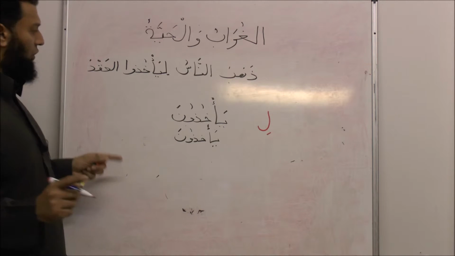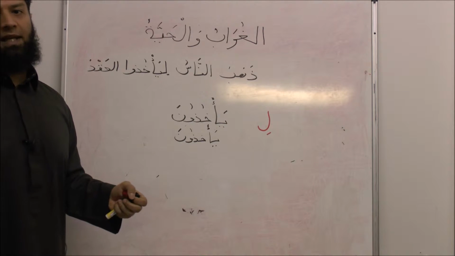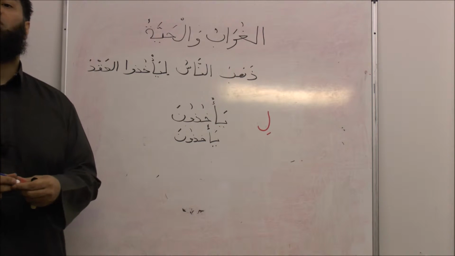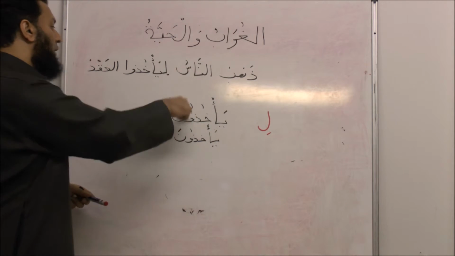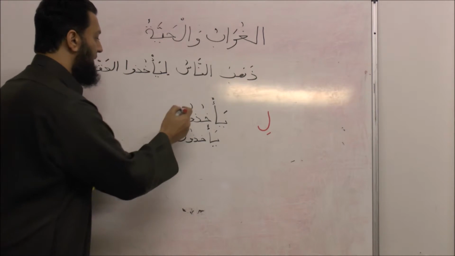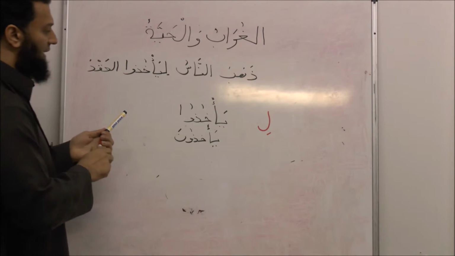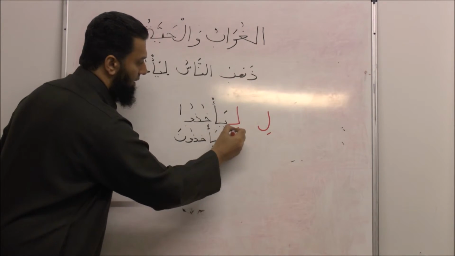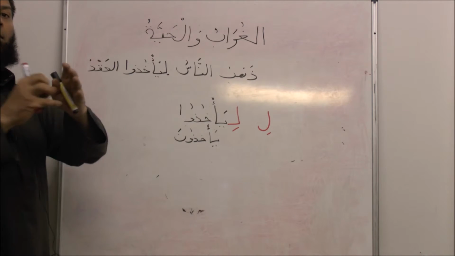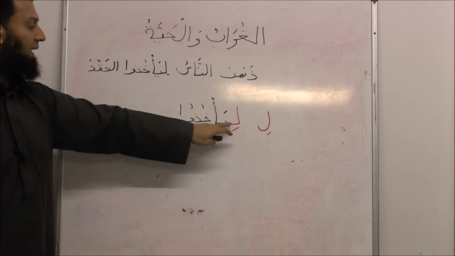What it's changed to is the mansoobun state. When you attach li to a verb in the present tense, you drop the noon and add an alif. In the present plural male third person, we've gone from ya'khuduna to liya'khudu.